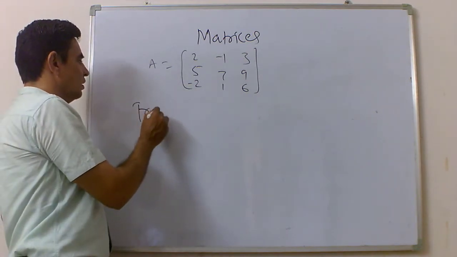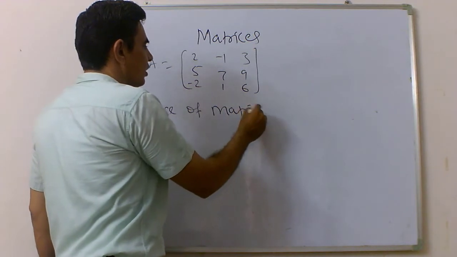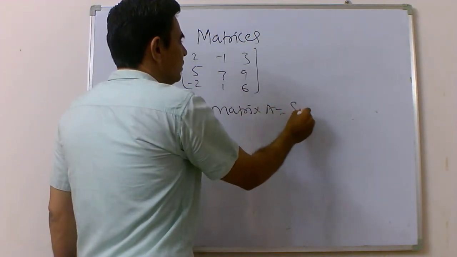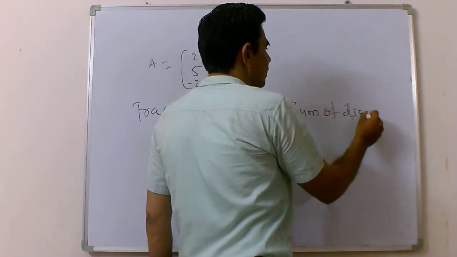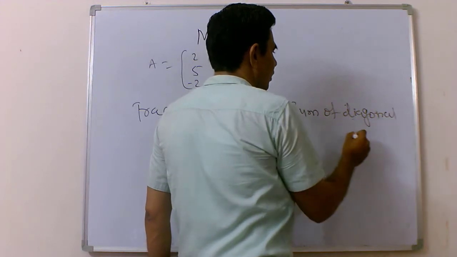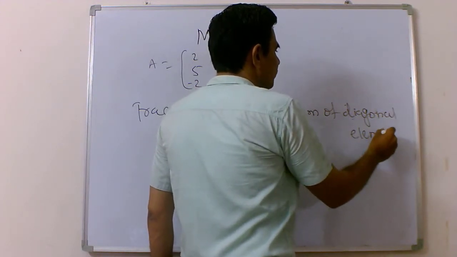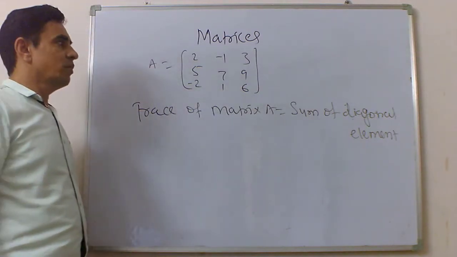Trace of matrix A is equal to the sum of diagonal elements. Trace of a square matrix is equal to the sum of diagonal elements.